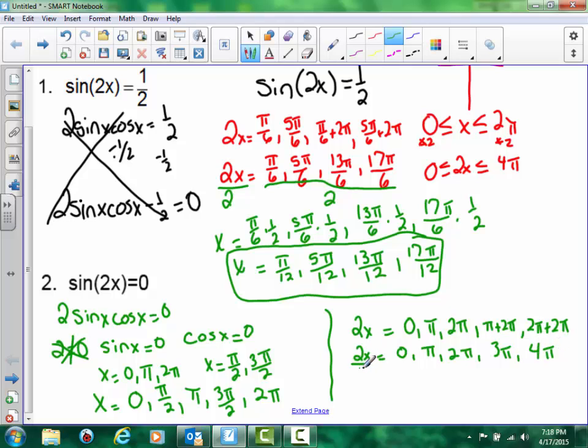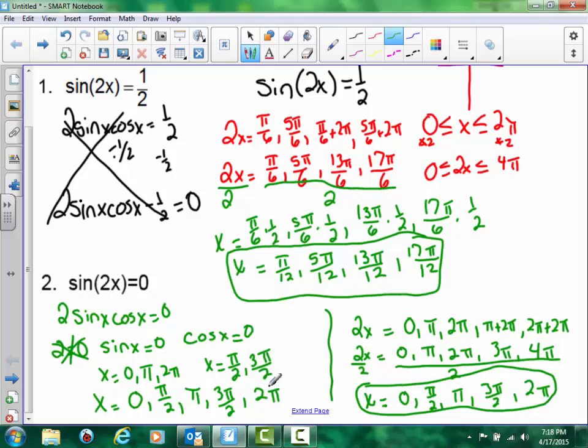And then we divide all of those by 2, and we get that x equals 0, pi over 2, pi, 3 pi over 2, and 2 pi. So we get the same answer regardless. Either method would be satisfactory.